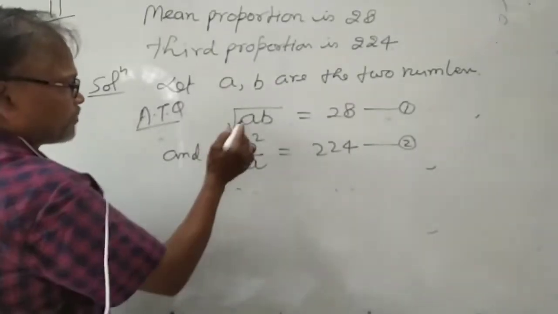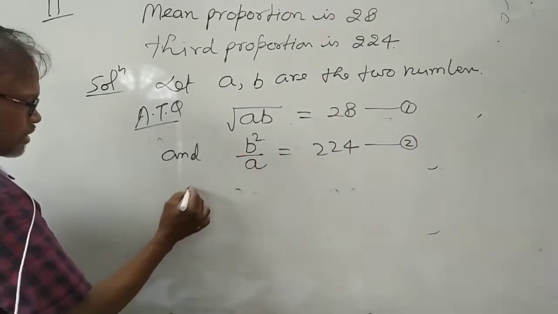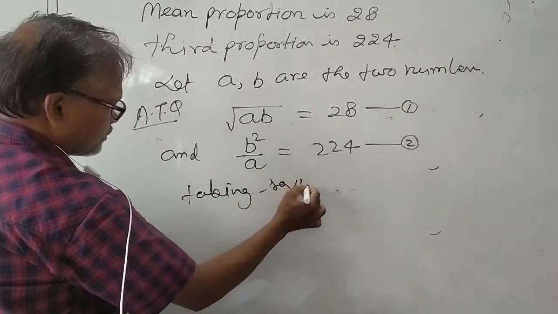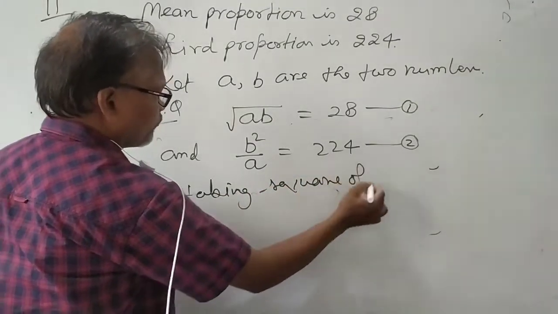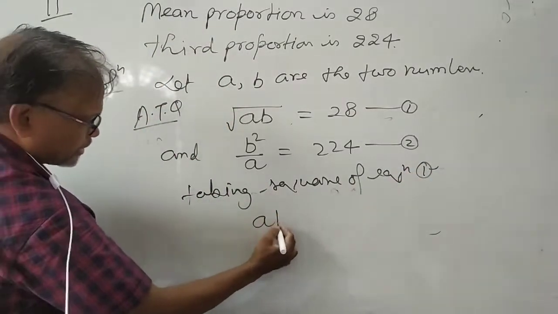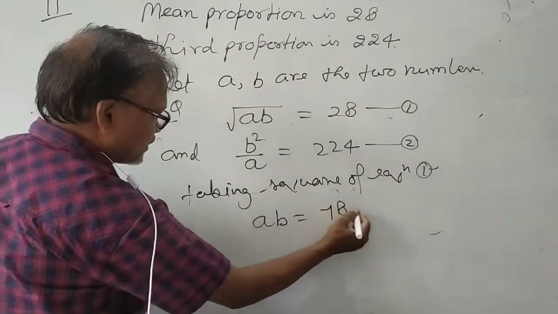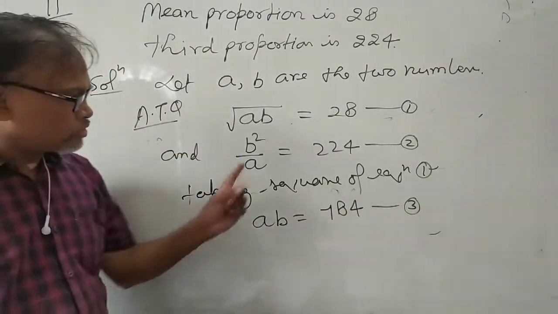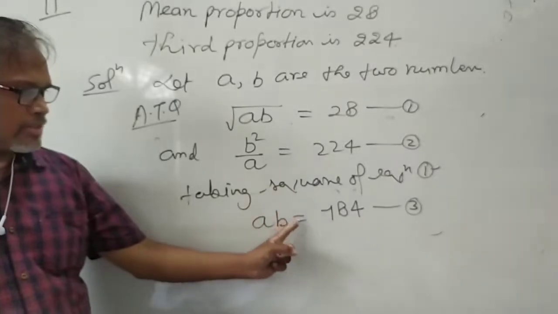How to simplify? From equation 1, take the square of equation 1. So what you will get? ab is equal to 784. Equation number 3. Now use equations 2 and 3.